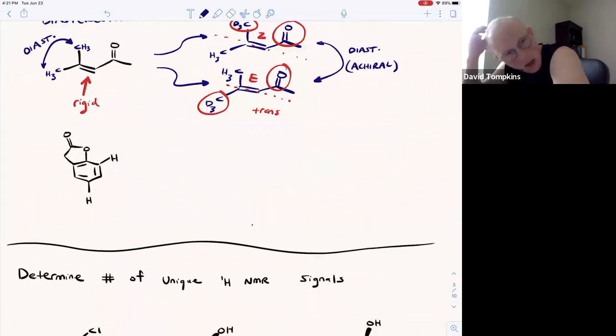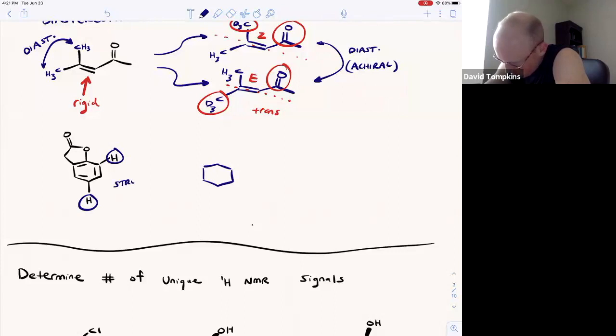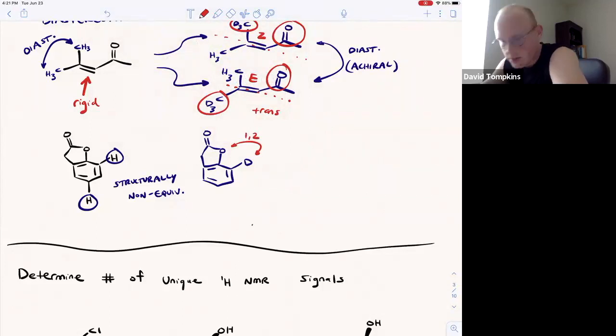The final type of topicity is comparing two protons that are just structurally non-equivalent. So let me show you what that replacement test leads to. So perhaps we could call this isomer the 1,2 deutero, where it's adjacent to the oxygen of that lactone.